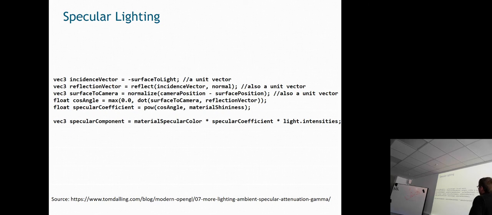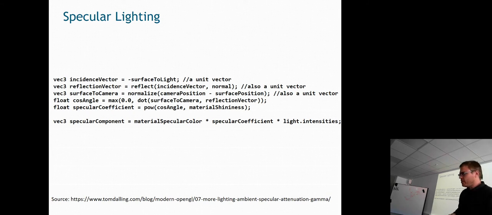Then we determine the cosine of the angle between this vector and this vector, the reflection. That basically gives us the basis to calculate some sort of specular coefficient that we determine ourselves. This parameter allows us to indicate how wide, how intense the specular effect will be.